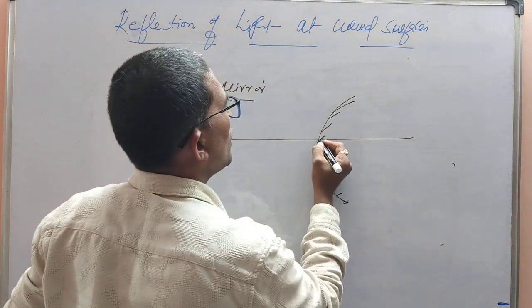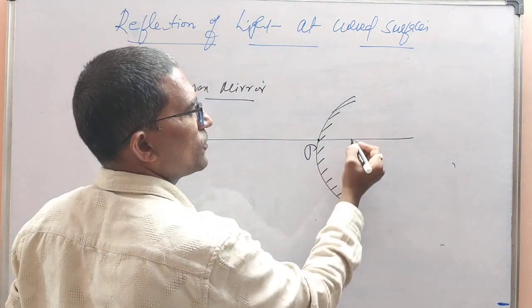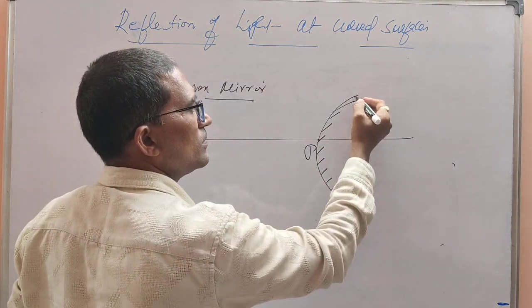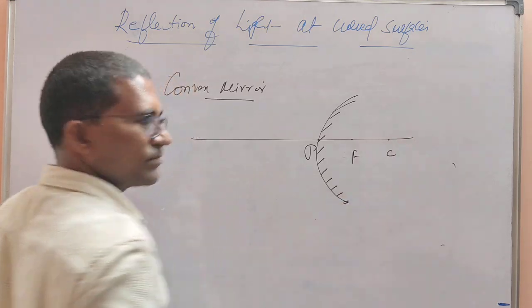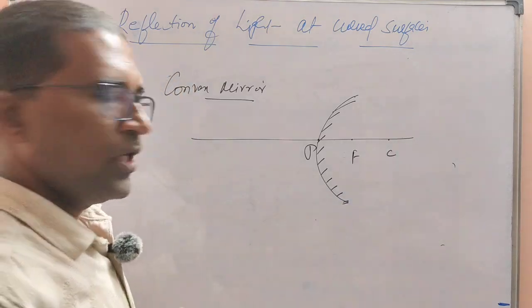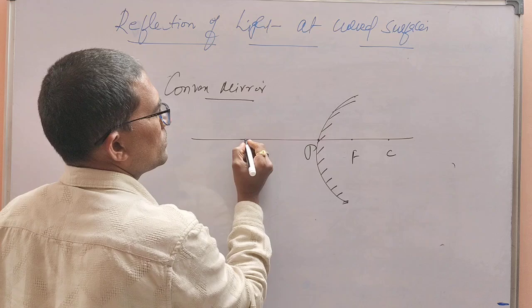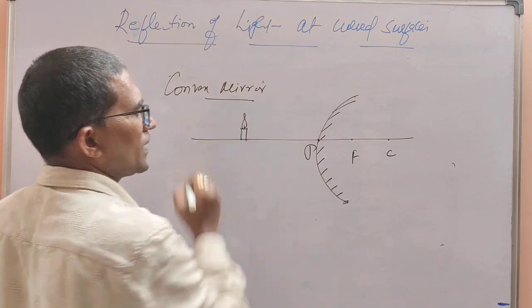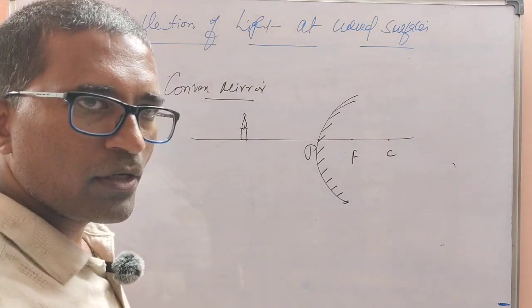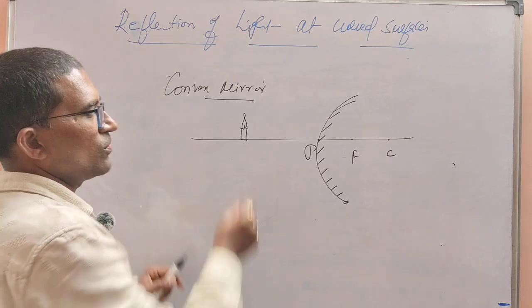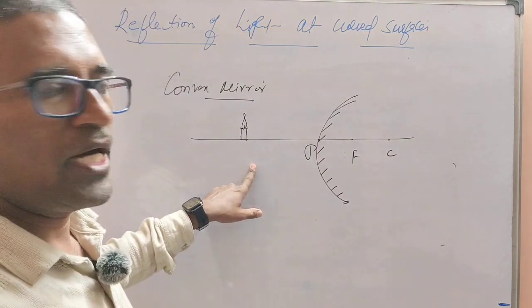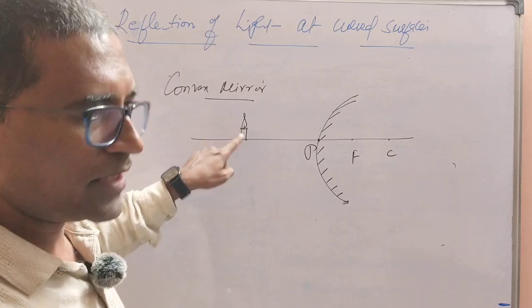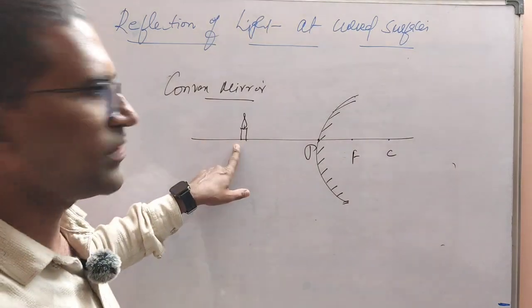Now this is the pole of the mirror and the focus is inside the mirror, and the center of curvature is here, for example. Now the source is kept here. I placed some source like a candle in front of the convex mirror. Now I want to measure the distance. The candle is a light source, which is nothing but an object.